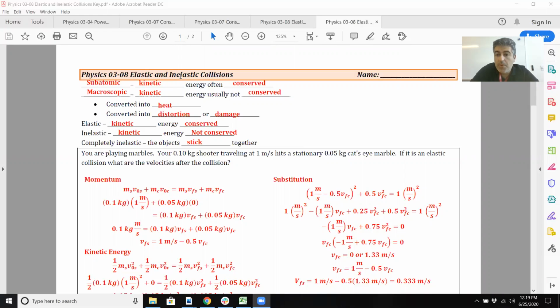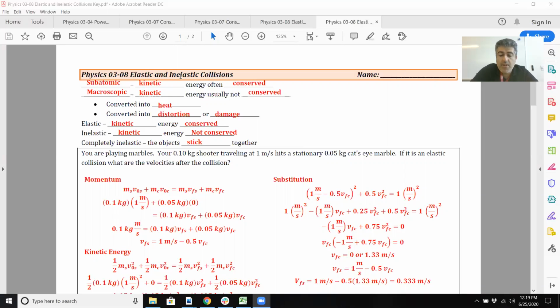Macroscopic, then it's not conserved, like a car, because then the cars will stick, or you'll see some smoke or heat being generated. So typically for macroscopic collisions, you'll see some conversion of kinetic energy to heat, some distortion or damage to the car or whatever object.